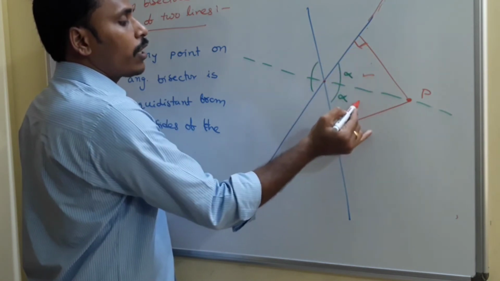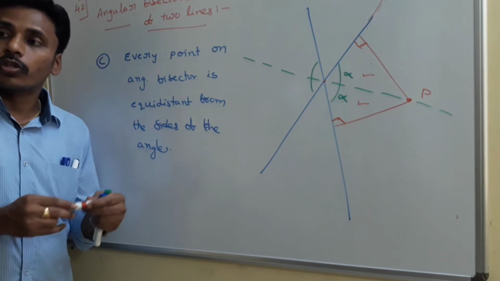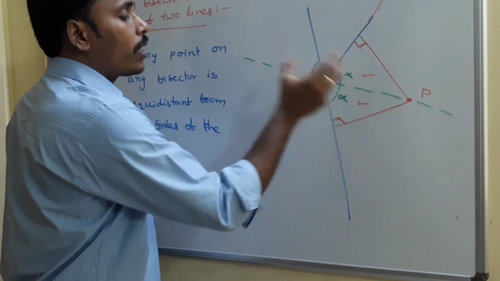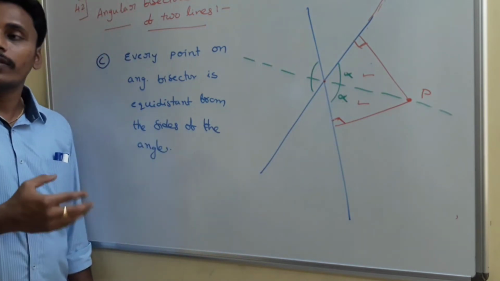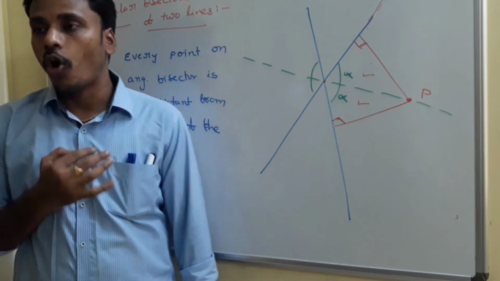It is easy to announce that these two triangles are congruent, because angles alpha, alpha are the same, 90, 90 are the same, and one side is also common. We say it is ASA congruency, two angles and one side.